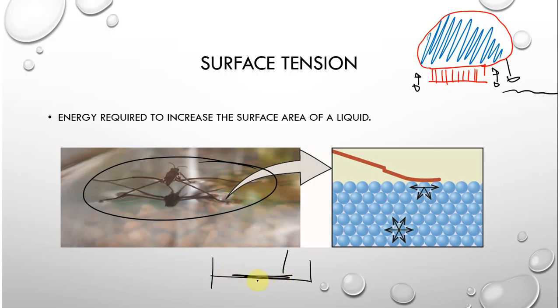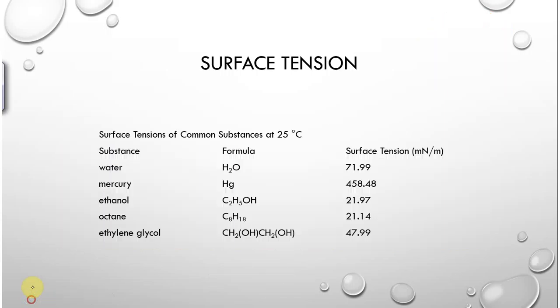I like the example of the needle because steel is obviously more dense than water, but the surface tension of water is able to counter that density difference and hold the needle above the surface. So same thing: the stronger your intermolecular forces, the higher your surface tension gets, with alkanes and so on having the weakest.